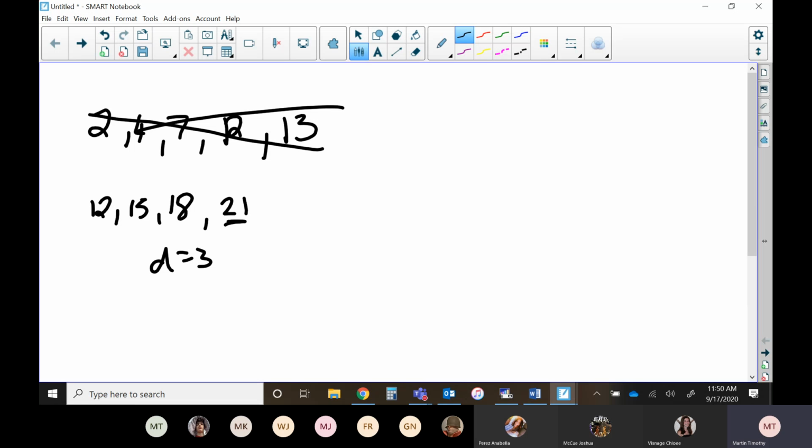Because I know this one right here, and all I'm doing is finding the one after it, the one after it, and the one after it. Does that make sense? It's the concept, the understanding. The recursive formula uses the one in front of it to get to the next one.